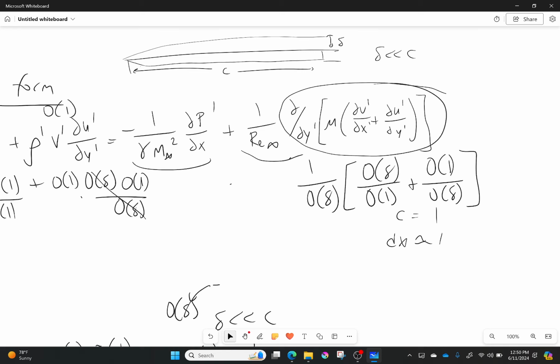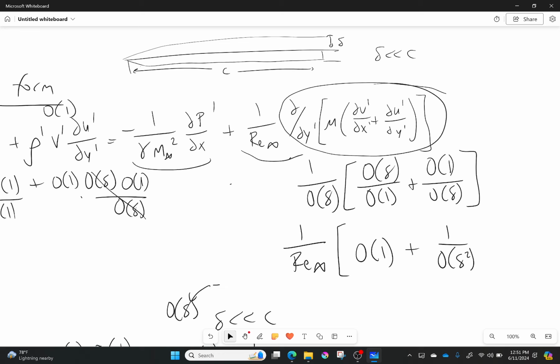And if I multiply all that through, what do I get? I get 1 over Reynolds number infinity times, let's see, order of 1 plus 1 over order of delta squared. And remember, if you divide something by a very small number, you get a huge number. So one of these things is going to be much more important than the rest.